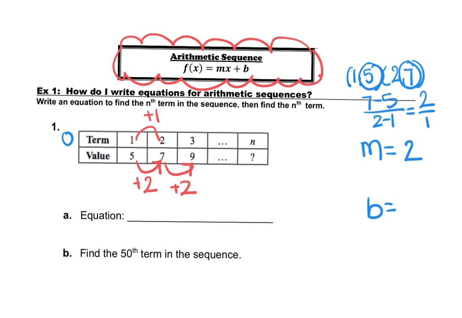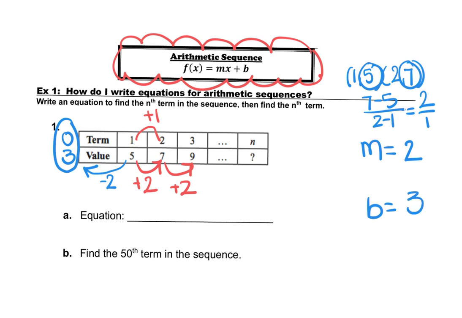If I back up, instead of adding 2, I could subtract 2 and take 5 minus 2, and I would have 3. Then make sure that the pattern works: 3 plus 2 is 5, 5 plus 2 is 7, and 7 plus 2 is 9. So now we've got our y-intercept, because the y-intercept is that starting point, where the line crosses the y-axis.